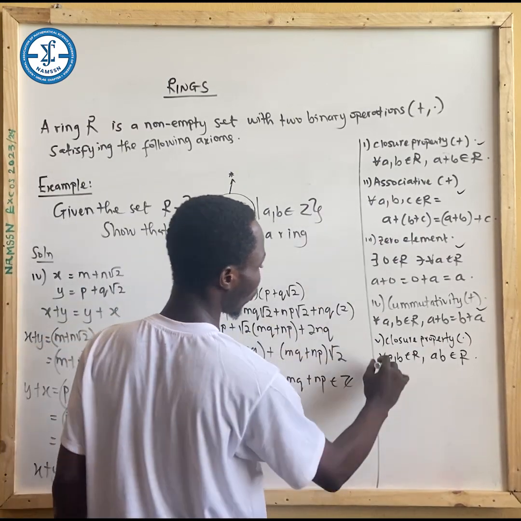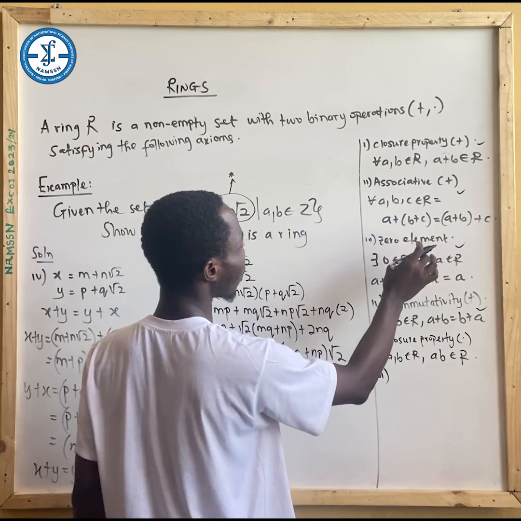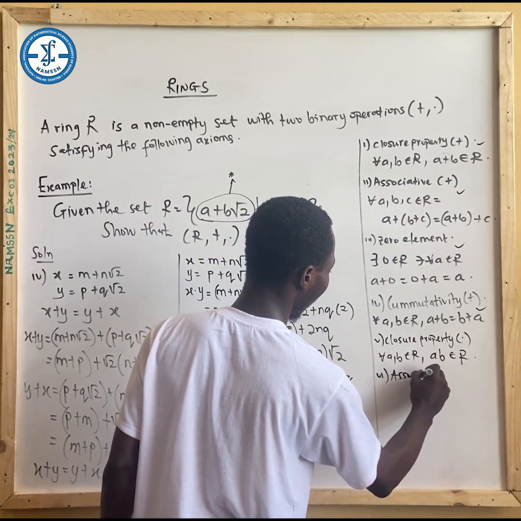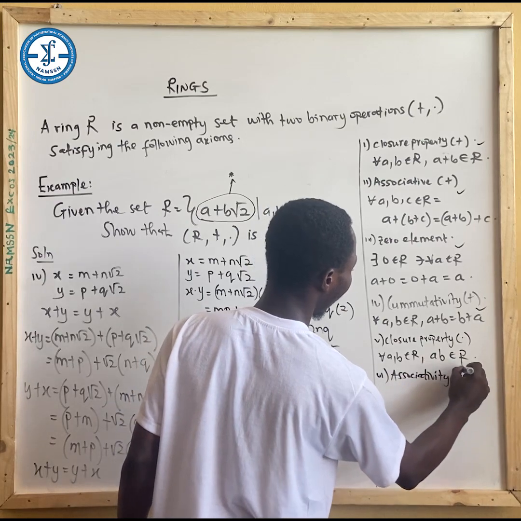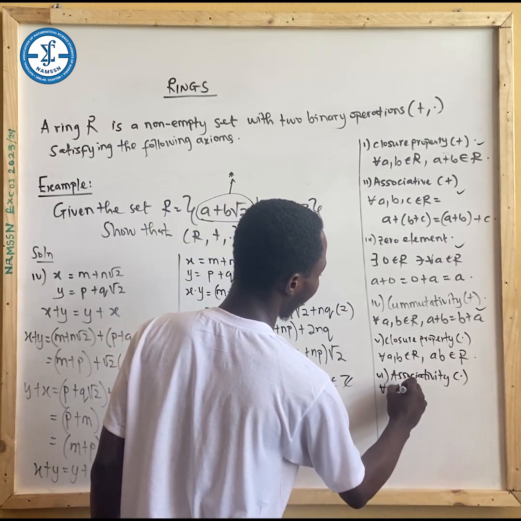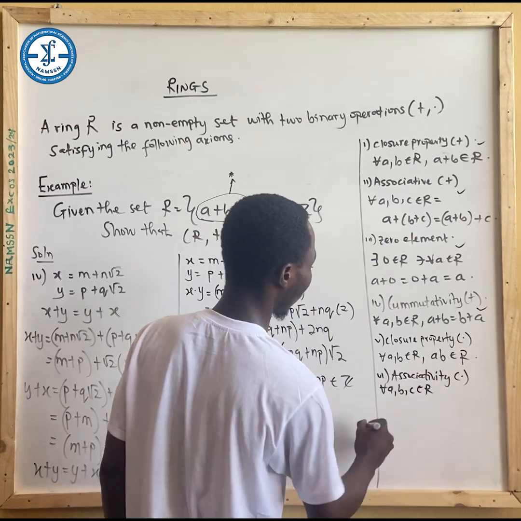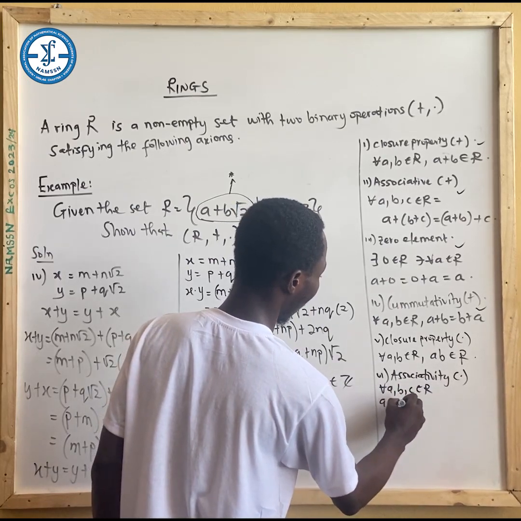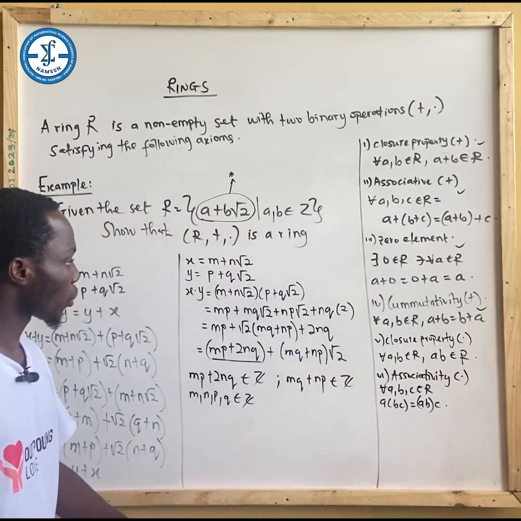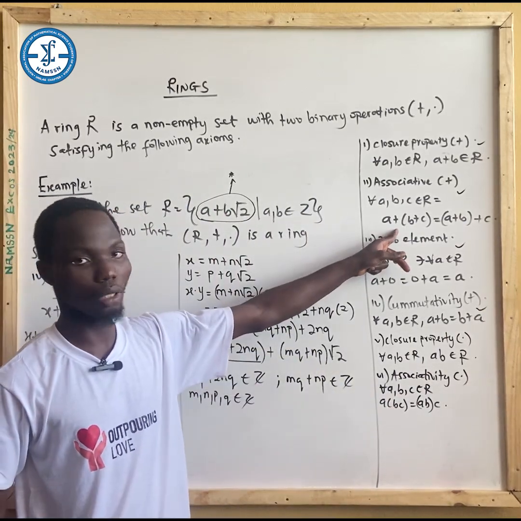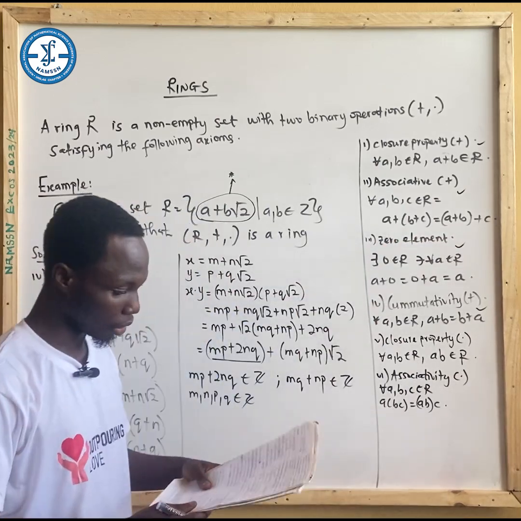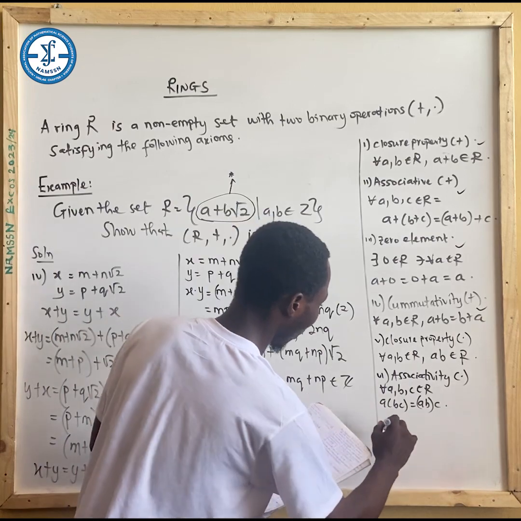Now the next one we are moving to is associativity under multiplication. So for all a, b, c in R, a times b times c equals a times b times what? c. So same way I showed my associativity under addition, where left hand side equals right hand side, I'm also going to do this. Let me list the remaining here.